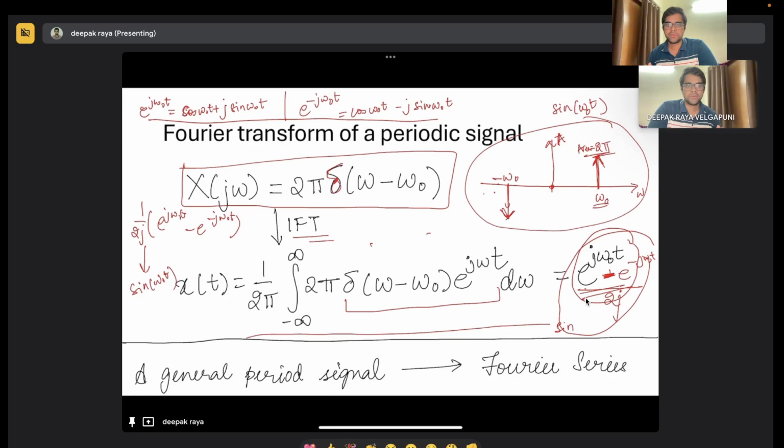Correct. Yes. If you take cos, you will have two impulses on the same side of the y-axis. You'll have two positive impulses at omega naught and minus omega naught, because you are adding these two complex exponentials, positive and negative.